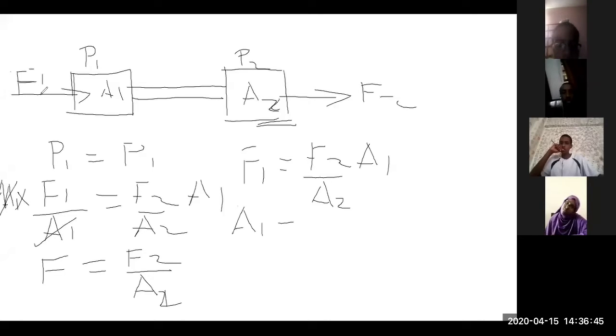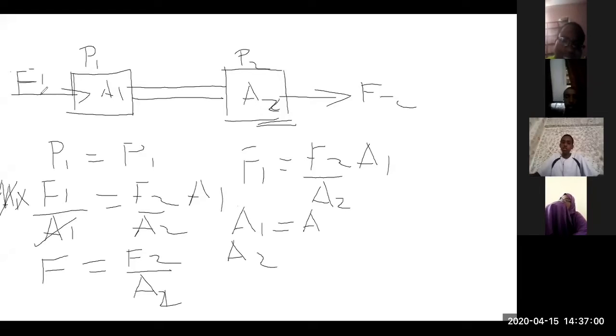So if we let our area 1 be A, then area 2, since cylinder A is double that of B, will be A over 2, because A is the maximum one.